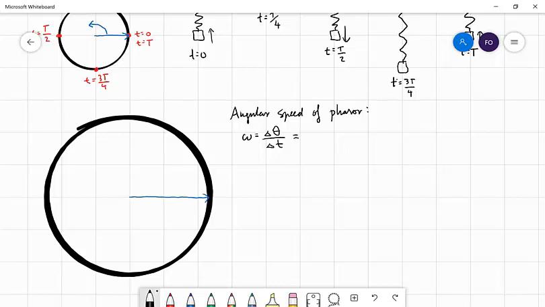And we know that this phasor is going to complete 2 pi radians, so a full circle, in one time period. So the angular speed is 2 pi over T. So this is what we're going to define as the angular frequency of the simple harmonic motion. It's just the angular speed of the phasor.